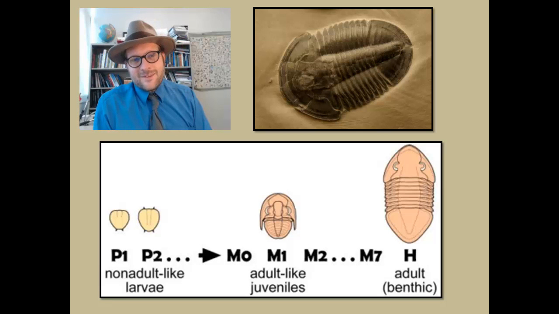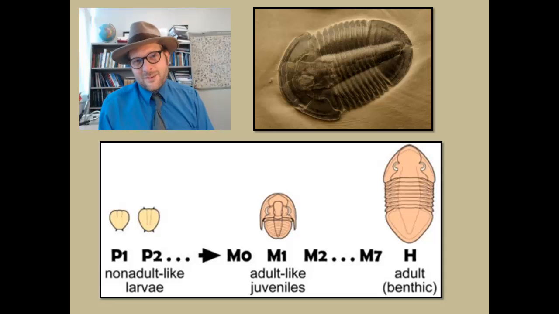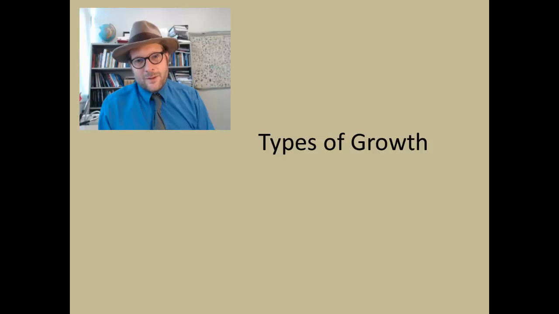So instead of internal skeletons and growing kind of like mammals do, like we do, they have exoskeletons that they shed at certain stages. And so each time they shed, they can change their shape and morphology. And so in the fossil record, you get these sort of stages of trilobites, juveniles, and then you eventually get adult stages of trilobites. So this makes it really tricky when you're trying to identify specimens of trilobites.